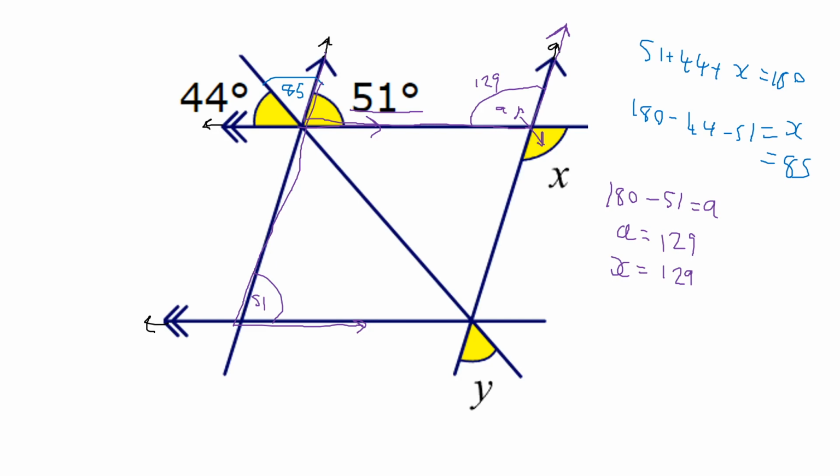Well, we can also figure out that this angle here is equal to 85 because they're vertically opposite, aren't they? And so what will this angle here be equal to? This angle here will be equal to 180 minus 85 minus 51 because the angles of the triangle add up to 180. So therefore, this angle here is equal to 44.